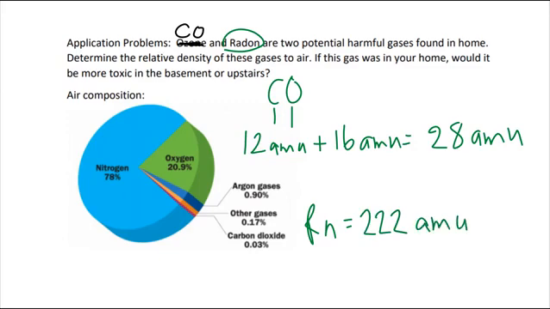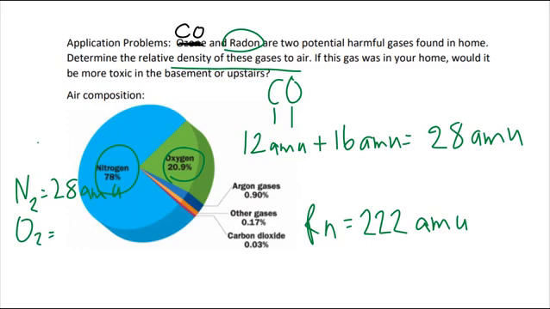And so if we think about air, look at these densities compared to air. Air is almost 80% nitrogen and a little over 20% oxygen. Nitrogen, N2, has a mass of about 28 AMUs, and oxygen, O2, is 16 and 16, which is 32 AMUs.